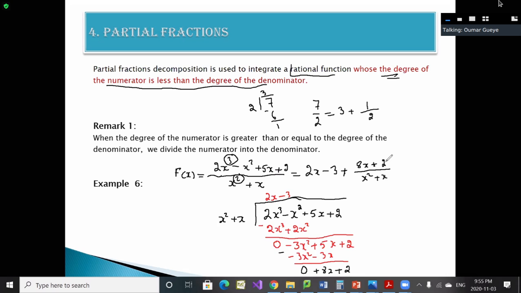You can see now you have two polynomial functions, and now the degree of the numerator is 1, and it's less than the degree of the denominator. Now it's satisfied. The condition in red color here is now satisfied by the second term here. Okay, and that was the purpose of using the long division.